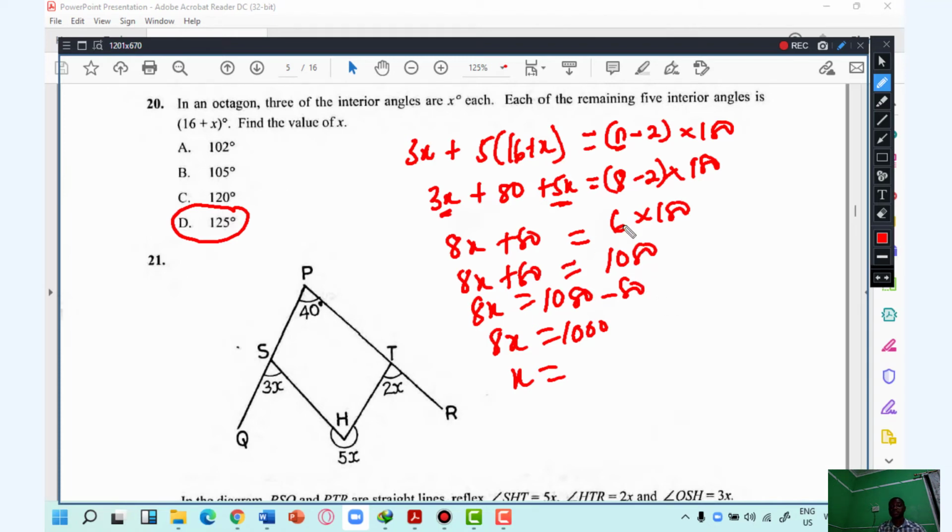So when we get here, it is 6 times 180, which gives us 1080. So it's not 80, it's 1080 rather. So please take notes. 1000 over 8 gives us what? 125. So we continue from 21 to the last one.